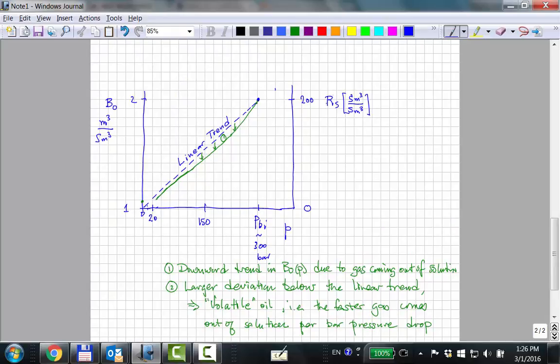RS is simply a measure of, if we take the oil here at 150 bar, we bring the system from 300 bar to 150 bar, and now we've got an oil at 150 bar, it's saturated. We take that oil to the surface, and we get a volume factor that's not 1.5. 1.5 would be in the middle, right? If we go from 300, we go halfway in pressure. It's not 1.5. This shrinkage is down to 1.4, 1.45.